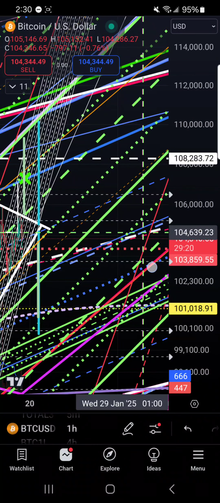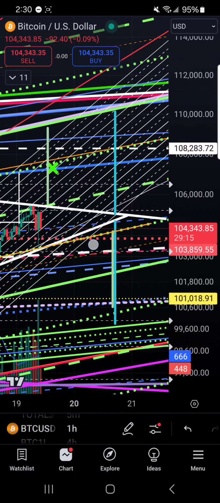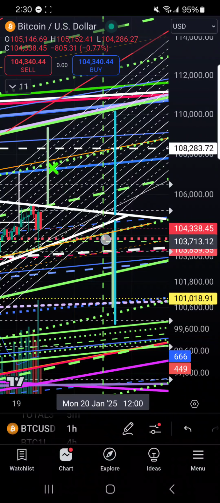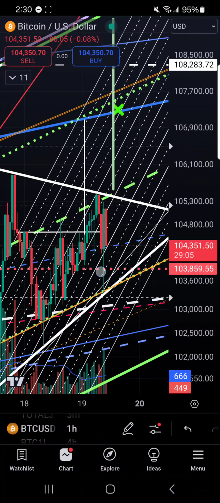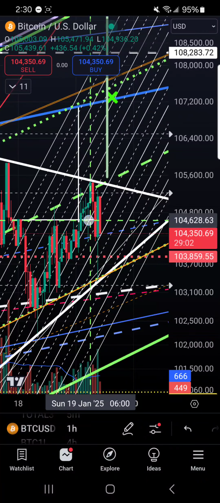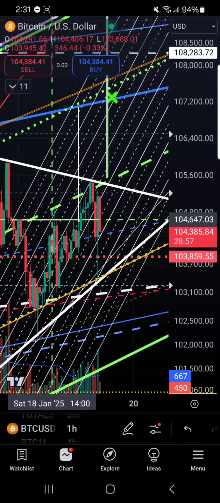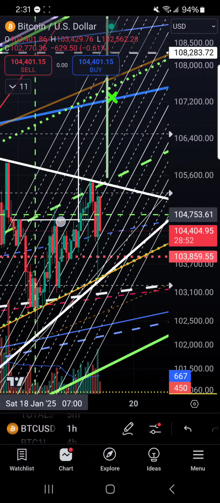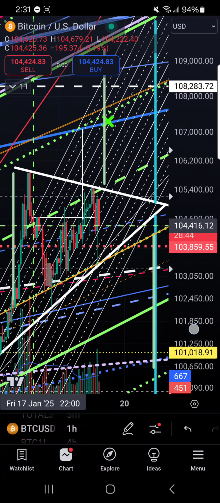That's around 104.5K, which is right here in the consolidation, right around where we're trading at right now. And it's actually right around the top of the symmetric triangle that I identified. It's pretty much right there. So all these scenarios make sense.